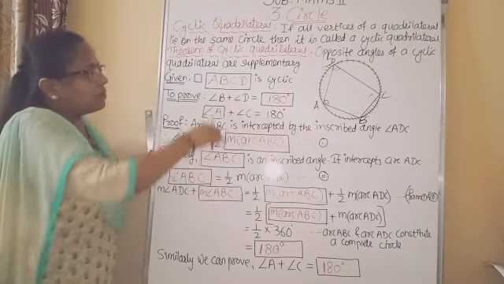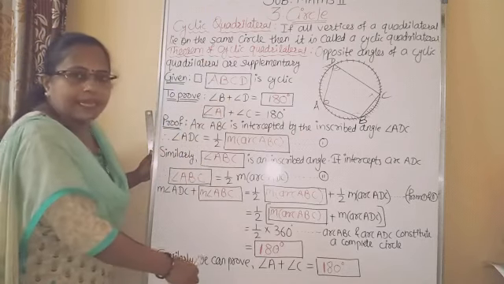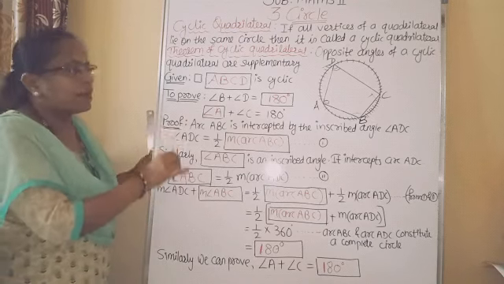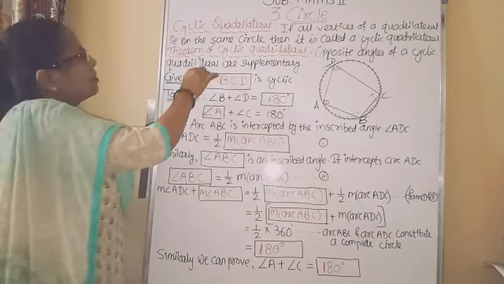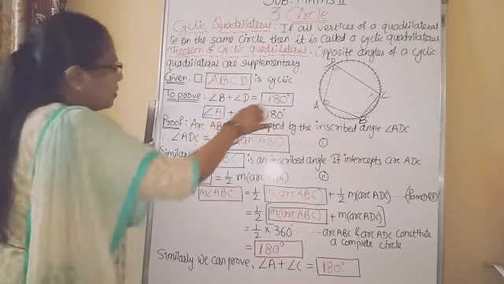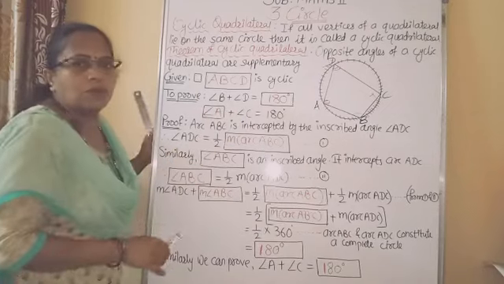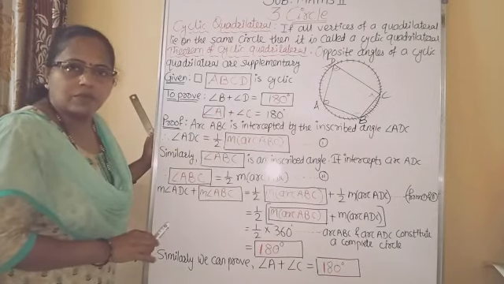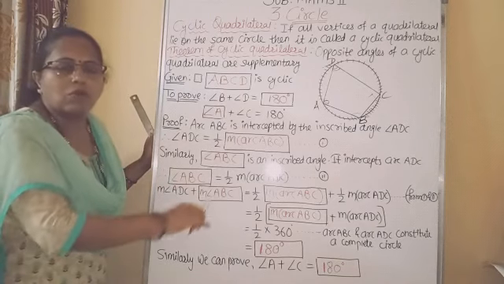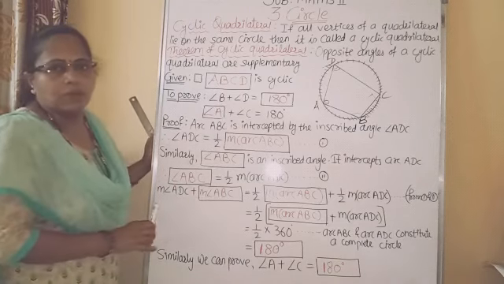Maybe this theorem will come as an activity to complete for 3 marks, or only the statement will be given and you have to do the given, to prove, figure and proof everything. Understood? So you have to complete this activity in your textbook. Also copy this in your notebook.